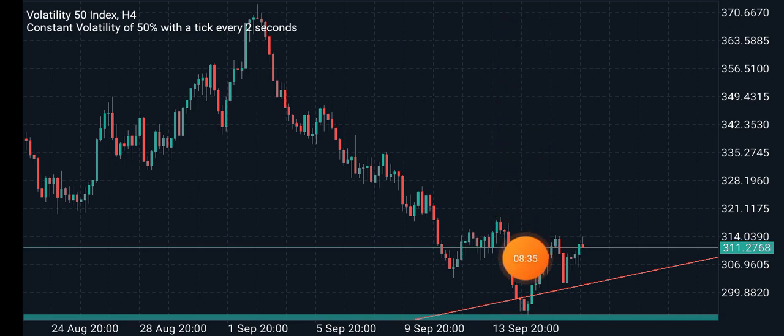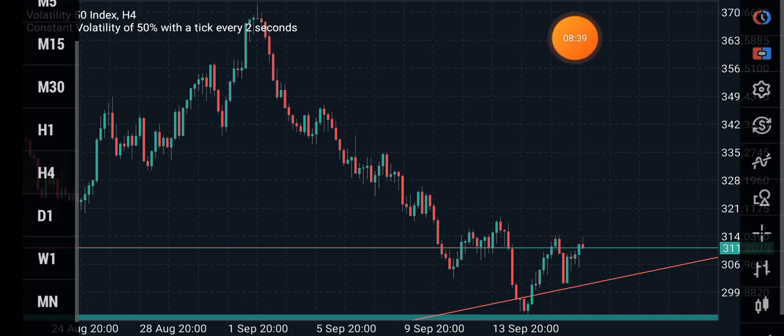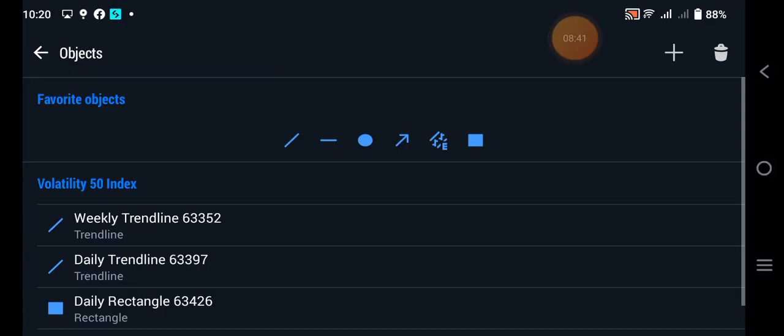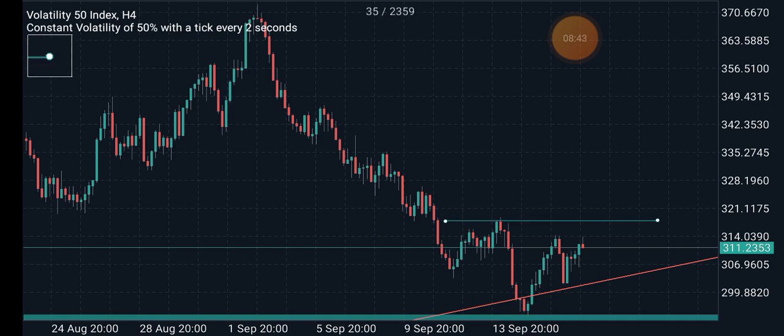So if you look at where the market is, this is a lower low. At the moment, we are yet to break this. Until we do, we are not buying.